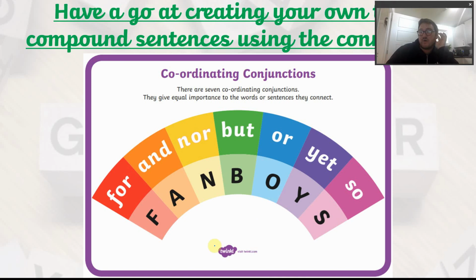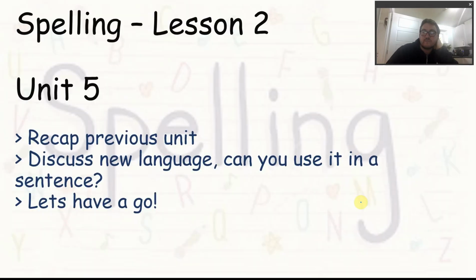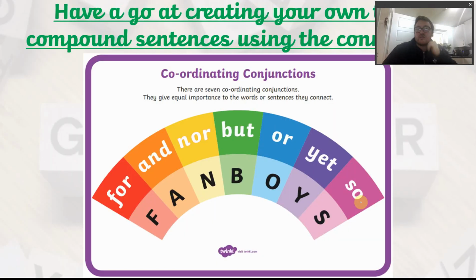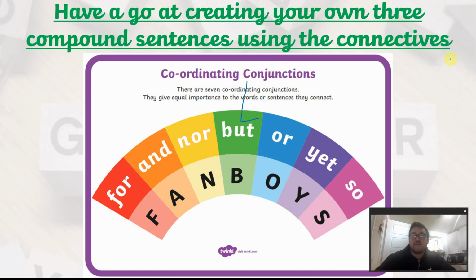And here's your example of your fanboys. So they're for, and, nor, but, or, yet, and so. So what I'd like you to have a go at now, everyone, is to pause the video, and I would like you to have a go at making 3 compound sentences using the connectives below.